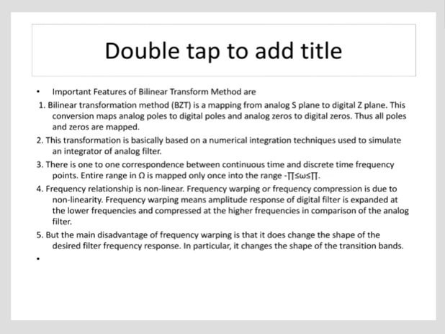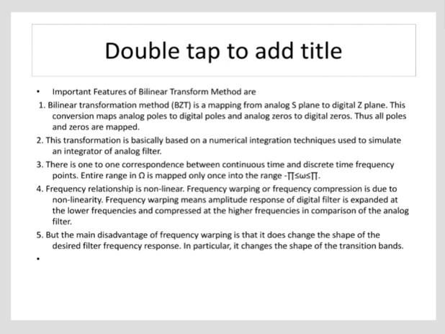This is one of the correspondences between continuous time and discrete time frequency points. The entire range of omega is mapped only once into the range minus pi to plus pi. The frequency relationship is non-linear. Frequency warping or frequency compression is due to the non-linearity.